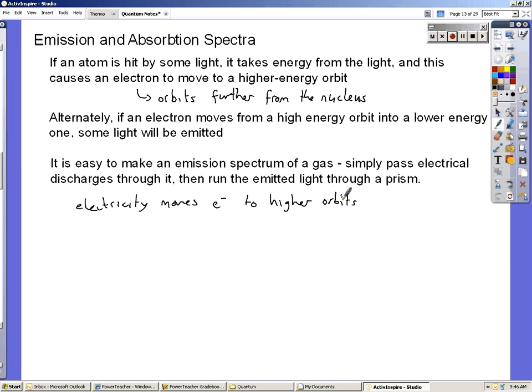When they fall back down, they emit light. And then you take that light and you pass it through a prism. Splits it up into the various colors, and different elements turn out to make different sorts of spectra with different characteristic colors.